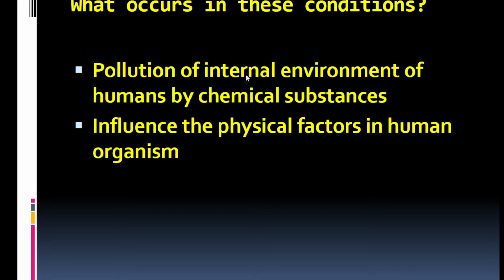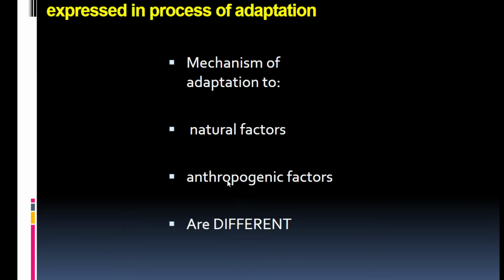We have not only pollution of the external environment, but pollution of the internal environment of humans by chemical substances. And of course, we have the influence of physical factors on the human organism. But we will talk more about chemical pollution because it means changes of homeostasis, of the chemical content of the internal environment, and it has some consequences for the physiology of our organism.